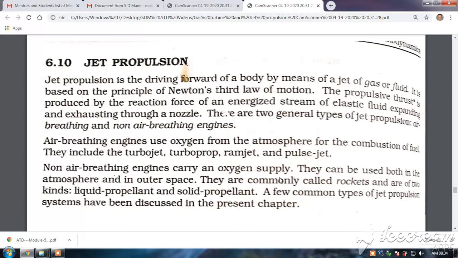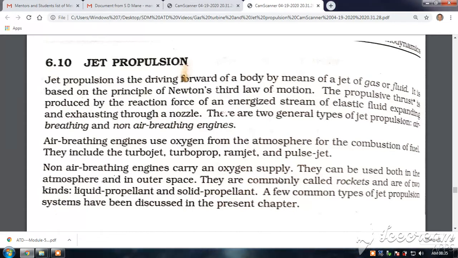Like when fuel is burnt, it becomes an energized stream of elastic fluid. And when you expand and exhaust it through a nozzle, what we have seen in the previous module number 5, that pressure energy and heat energy is converted into velocity. That we know when it is exhausted through a nozzle.